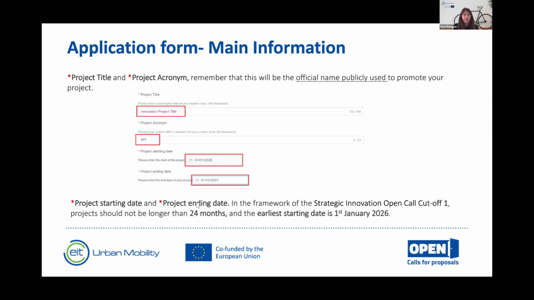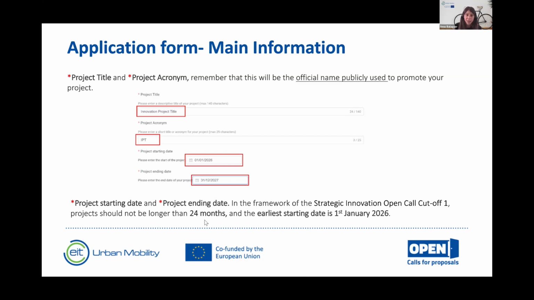And for the starting and ending date, the projects, as you know, for the call can be no longer than 24 months. So the starting date has to be at the earliest the 1st of January; it cannot be before the 1st of January. And you have to count from the starting date a maximum of 24 months of project duration.